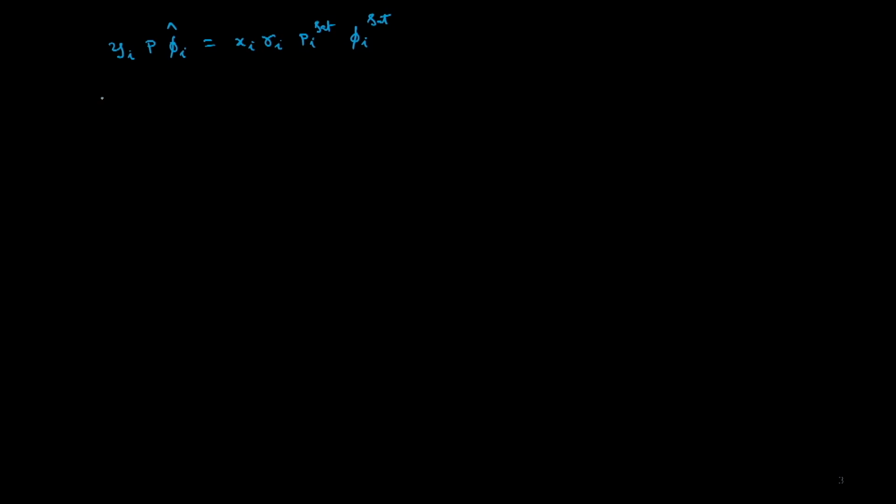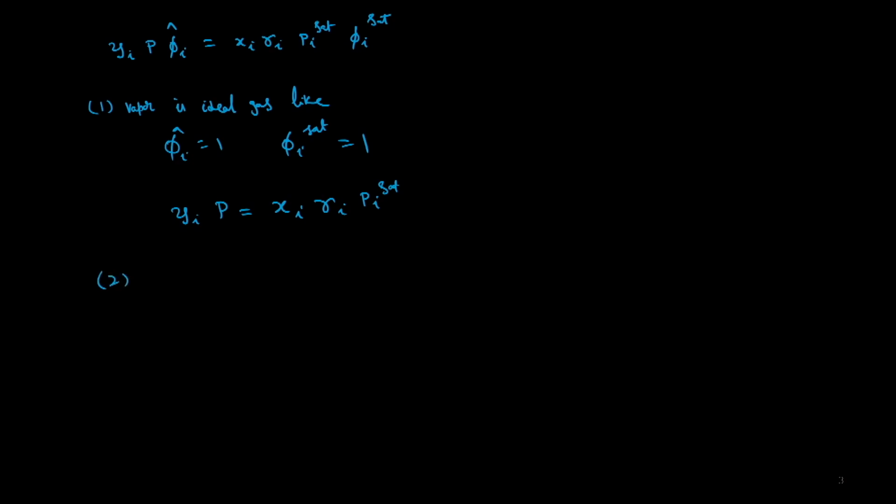Now, if the vapor phase is ideal gas-like, then phi hat will be 1, phi sat will also be equal to 1, and that equation reduces to y_i P is x_i gamma_i P_i sat.